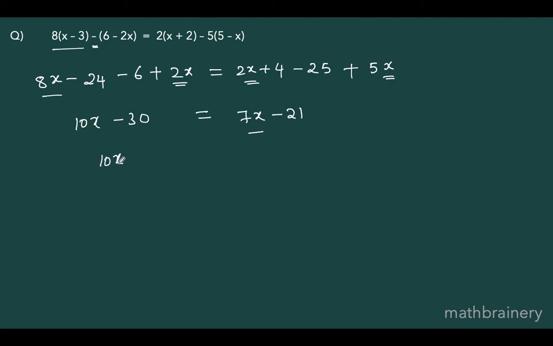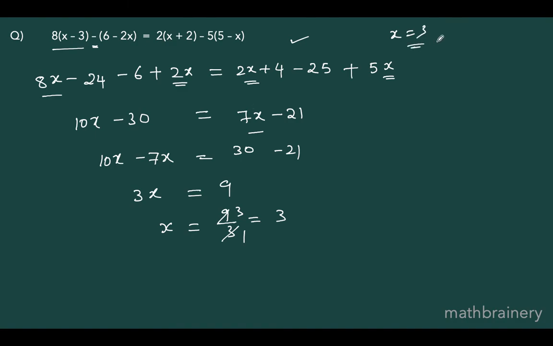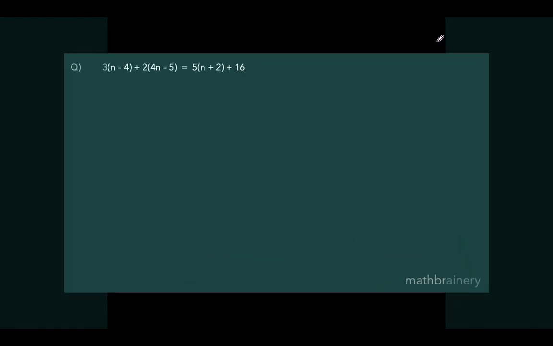So this will be 10x minus 7x is equal to 30 minus 21. 10x minus 7x is 3x, 30 minus 21 is 9. So what must be x? x must be 9 by 3, which is 3. 3 times 1, 3 3s are 9. So your x value or the solution to this linear equation is 3. Let's look at the next question.